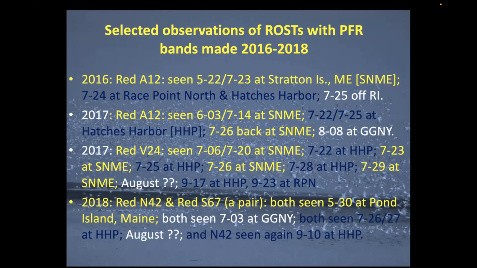And then in late July, I had them out at Hatches Harbor. Again, they basically disappeared for about a month. And then one of them was seen again in early September back at Hatches. So these are birds which, if we'd been really lucky and had radios on, we probably could have found out some really neat things. This is just a taste of what can be done.